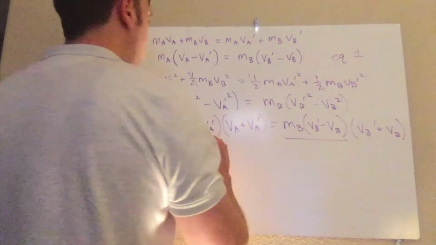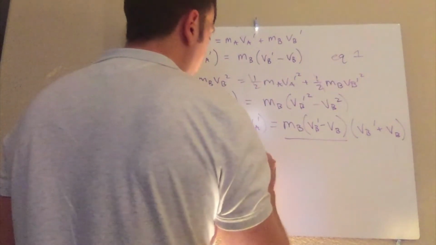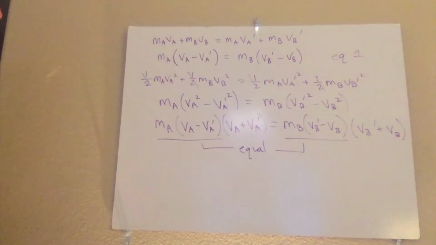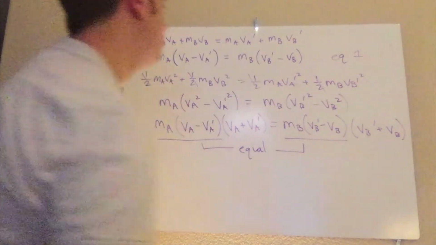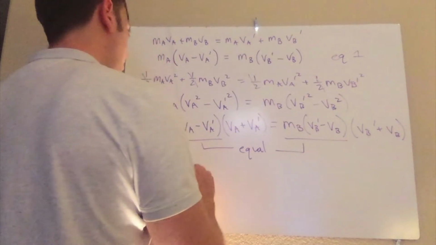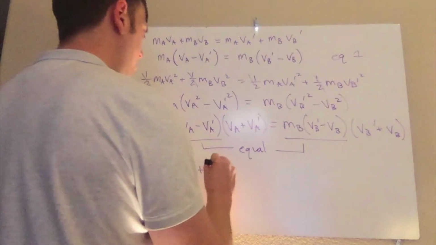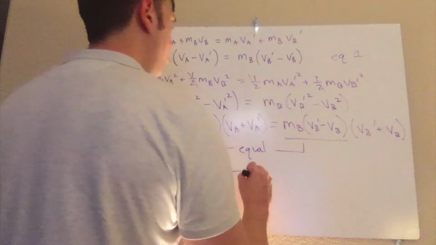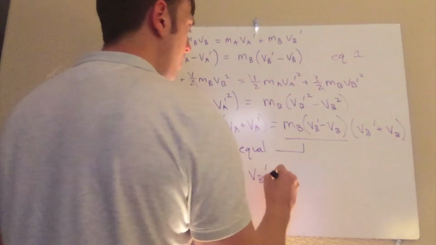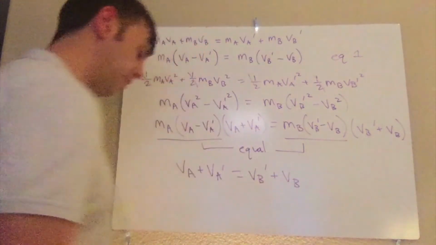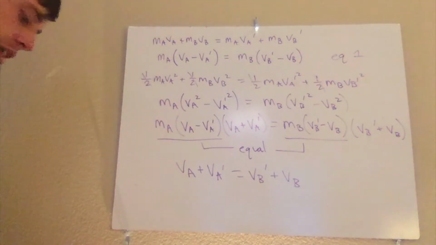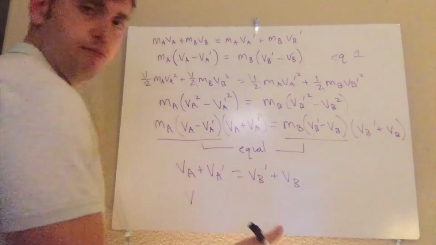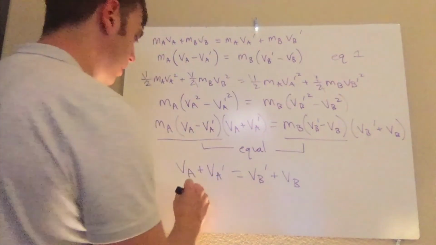So these two terms I underlined are equal according to equation 1, which means I can just cancel them out. They're equal. And that just gives me VA plus VA prime, that's all we're left with on the left, equals VB prime plus VB. And the last thing is we typically write this in a standard form where we put all the terms with no prime on the left.